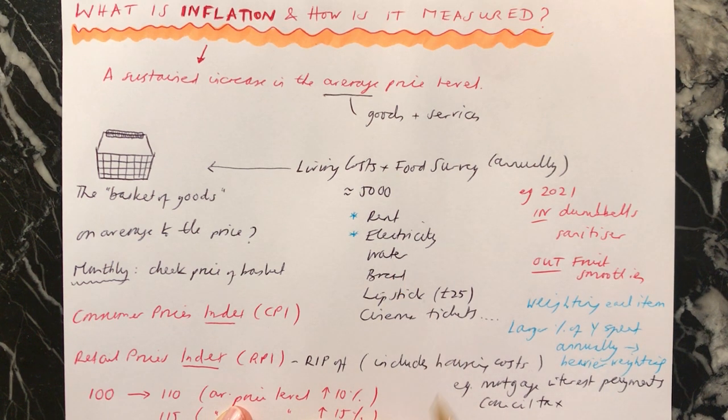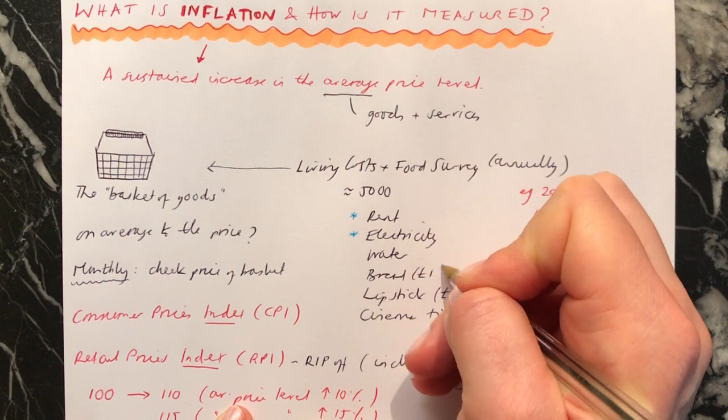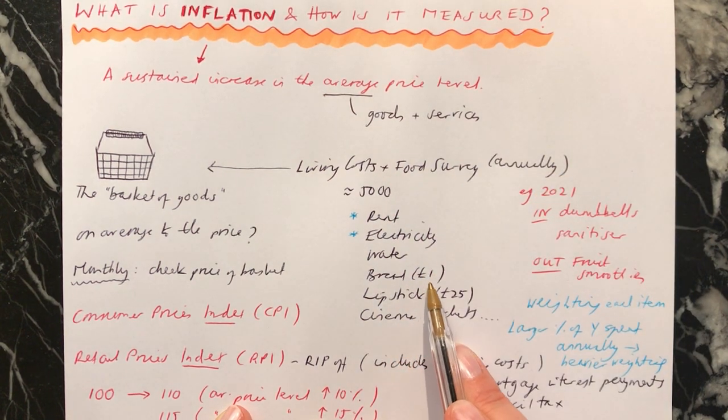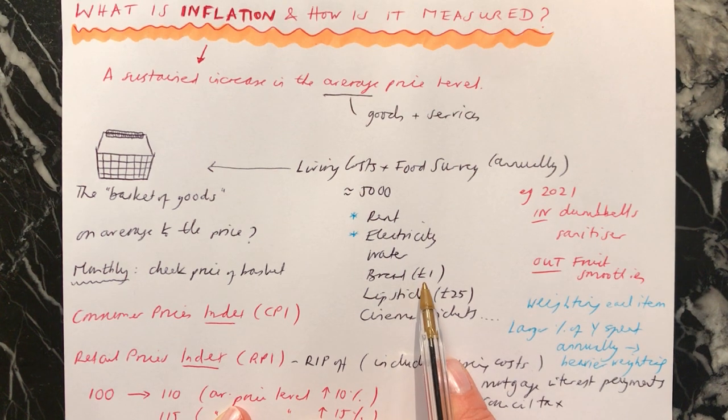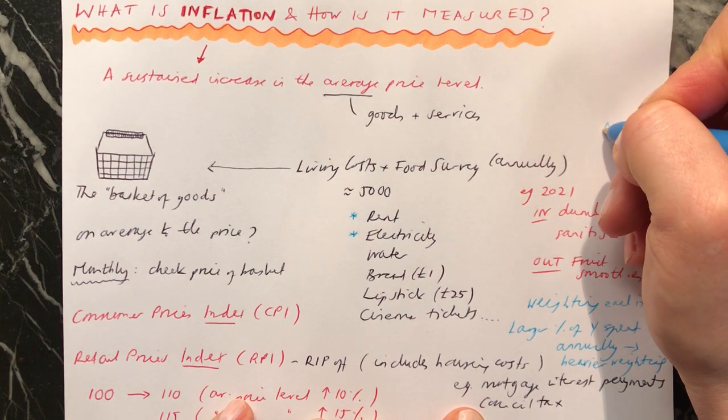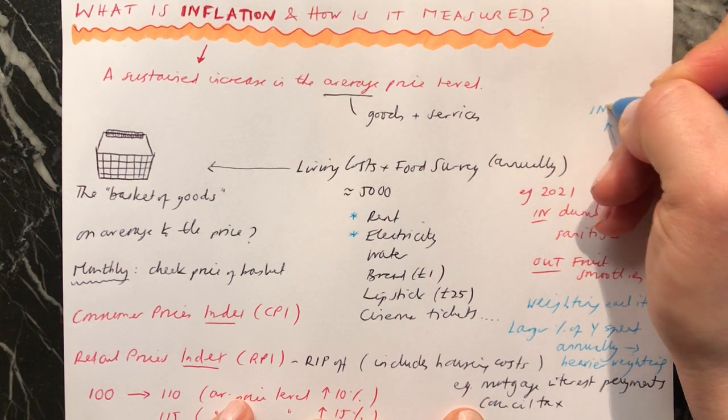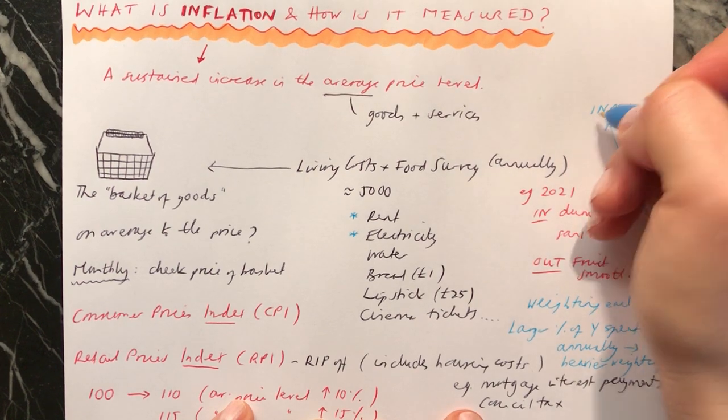Something like bread, this might only cost £1 for a loaf of bread, but if a family is buying a loaf every day, this might actually have a heavier weighting. So what happens is every item in the basket is given a weighting, and then all of this creates the index. So all of the information then makes up the index.